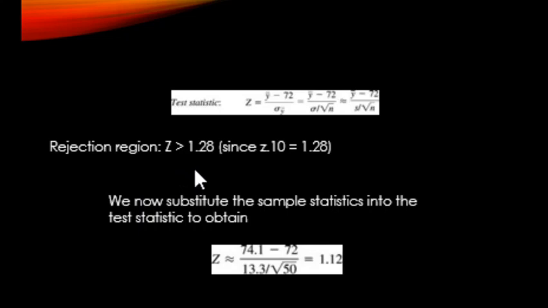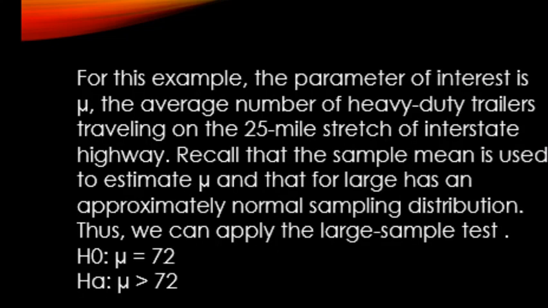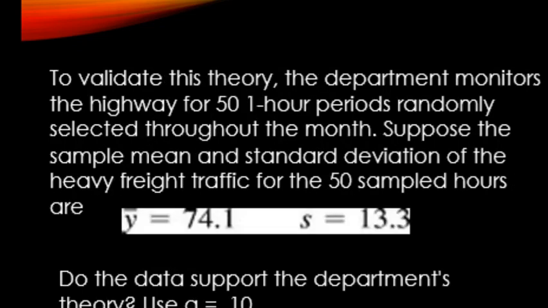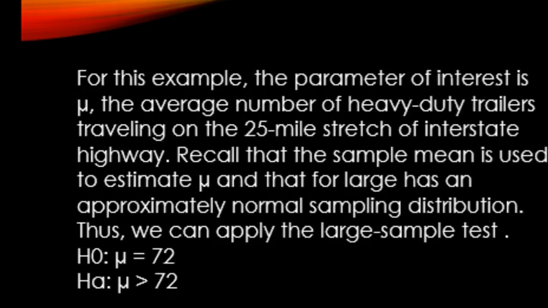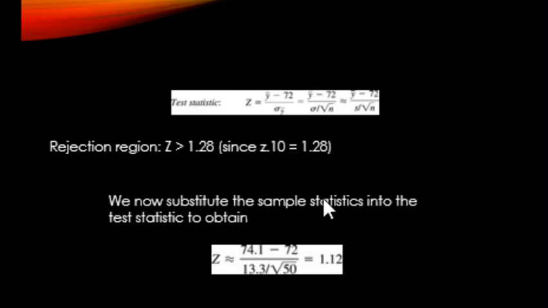Now, if we were to use the rejection region approach, we know that alpha was 0.1. So since alpha is 0.1, we can create the rejection region on the right hand side. Remember, it's a greater than test. So the rejection region will correspond to a z value greater than 1.28.